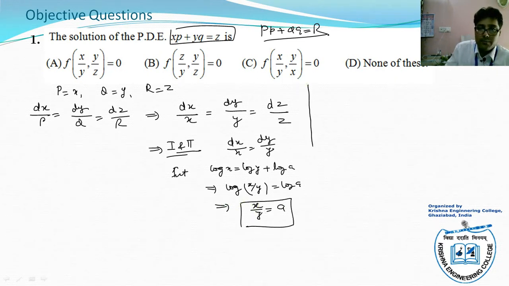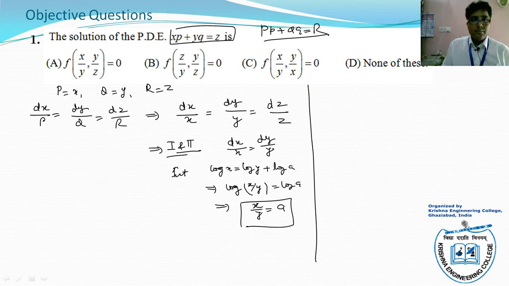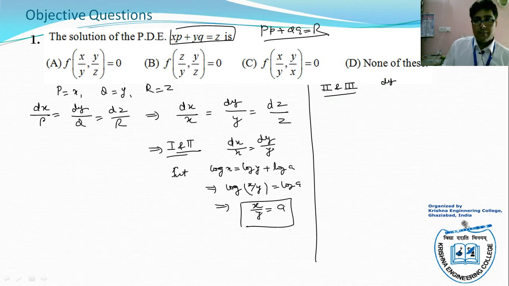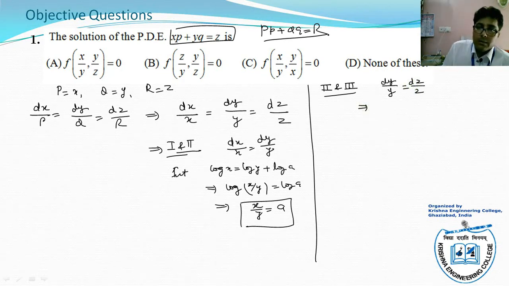Now taking the second and third ratios, we get dy over y is equal to dz over z. So similarly, the solution is y upon z is equal to b.